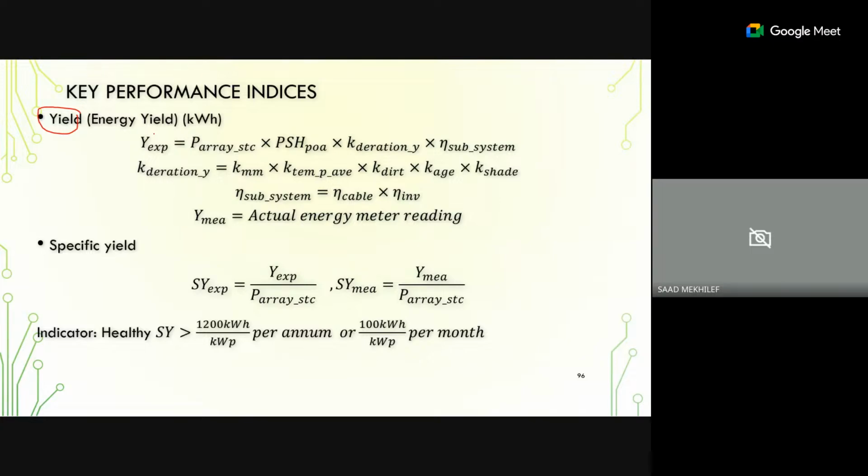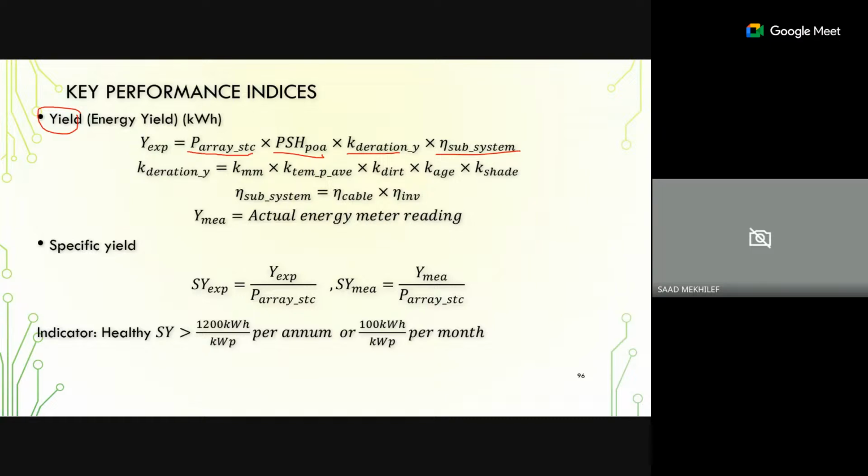So the expected yield is usually equal to the power from the PV array at standard STC conditions times the number of hours times the derating factors times the efficiency of the subsystem. So this is the yield.